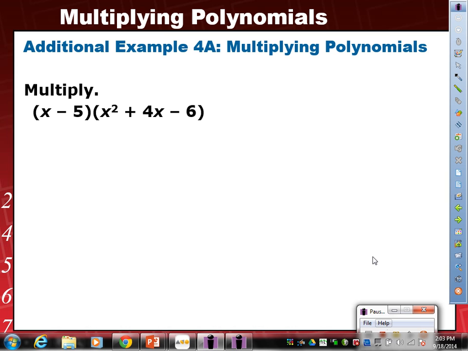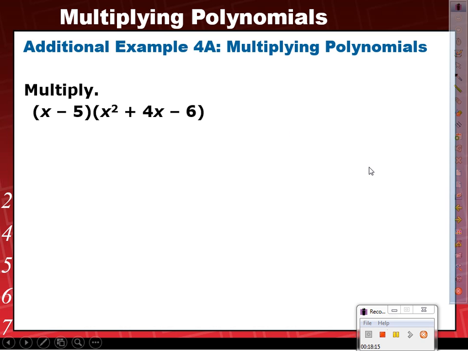Example 4a. This is the fun-er one. And we're going to use the area model. Yay, our favorite. All right, here we go. I'm going to help you set it up.